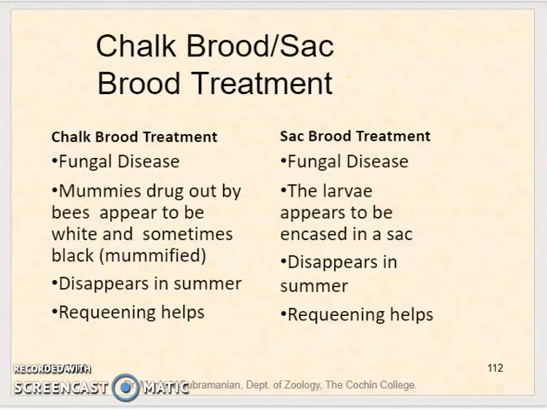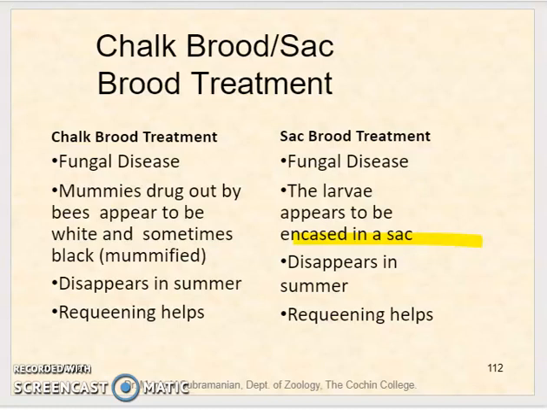Both diseases appear at the time of summer, and requeening helps. In requeening, we replace a queen with a new queen, which can control this type of disease to some extent. In sac brood disease, the larva appears to be encased in a sac, and in chalk brood, the larva appears as if we had placed a piece of chalk inside the cell.